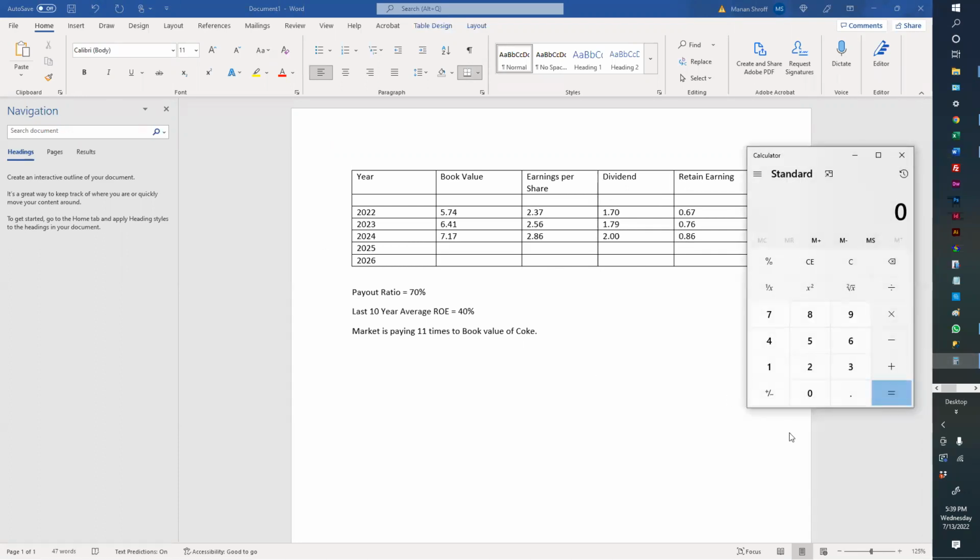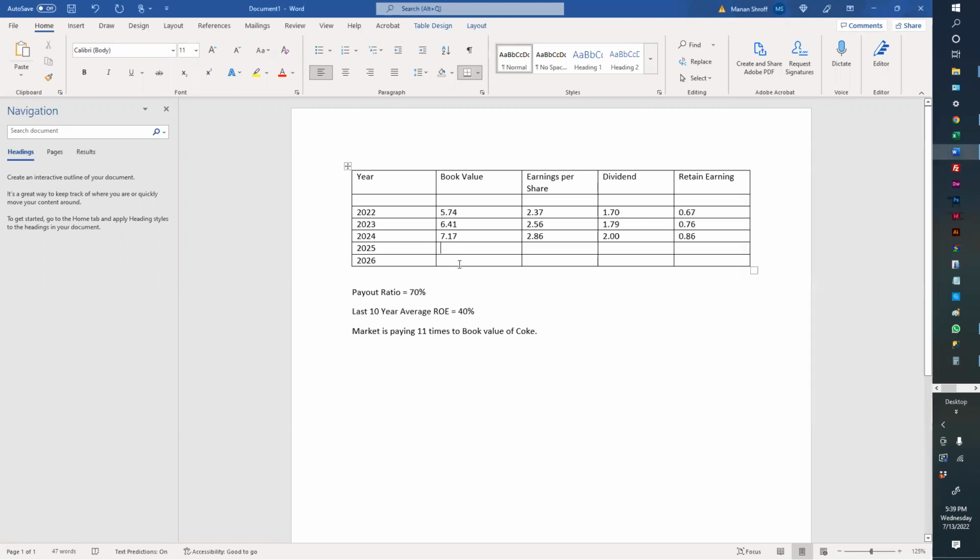So the new book value for year 2025 is $8.03. Again, we can predict 2025 earning because on average it is earning 40% return on equity.